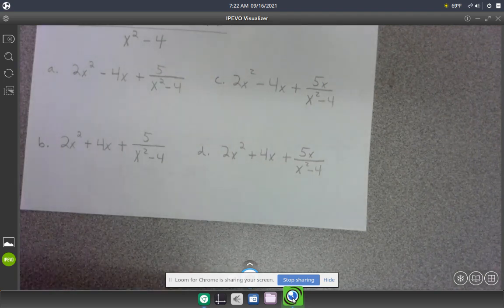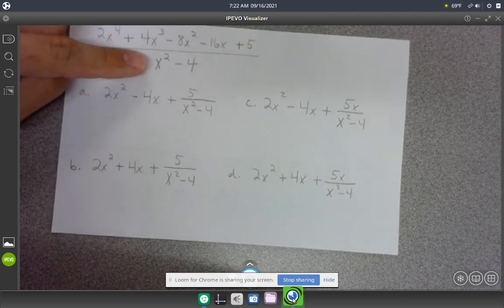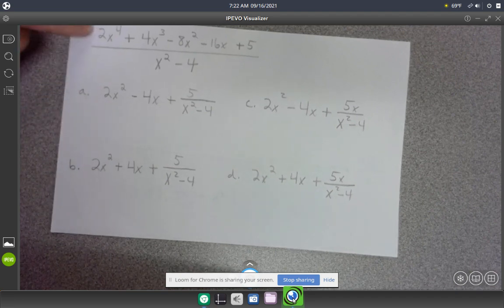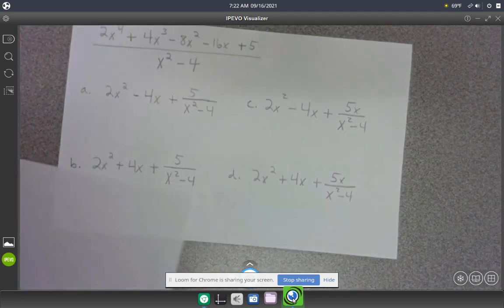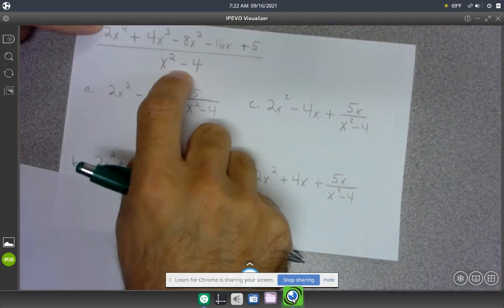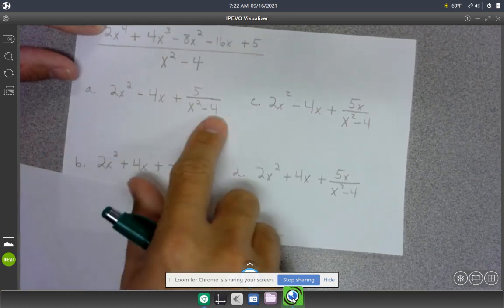So what I'm going to do is take my divisor and multiply it by the answer choices, and see which one gives me back the original problem. Again, this is like 21 divided by 4 is equal to 5 and 1/4.